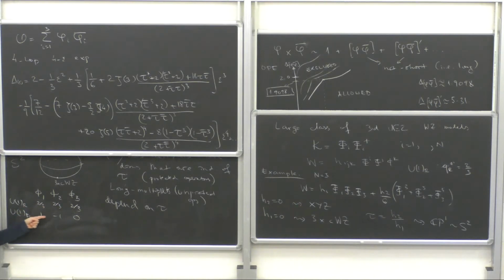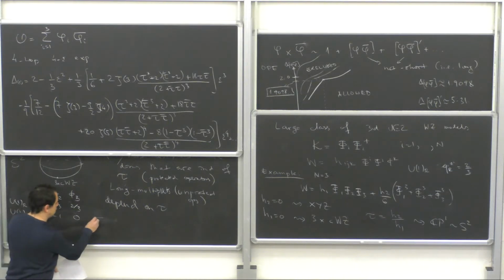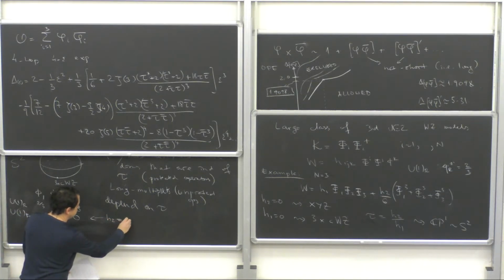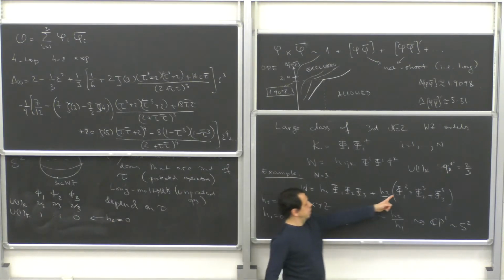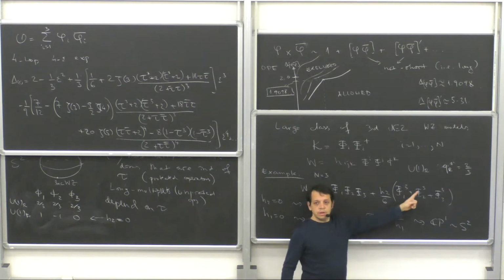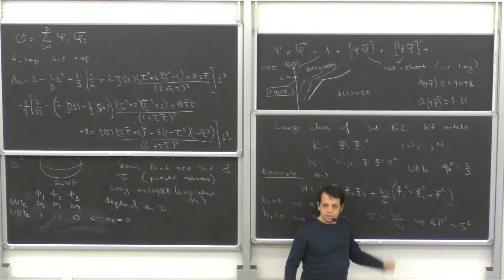And this one gives charge 0 to the superpotential, so it's an independent flavor symmetry. And obviously, this one will be broken, so it's only there when H2 is equal to 0. Because if I add a cubic term, this gets charge 3, and this gets charge -3, so that's inconsistent.